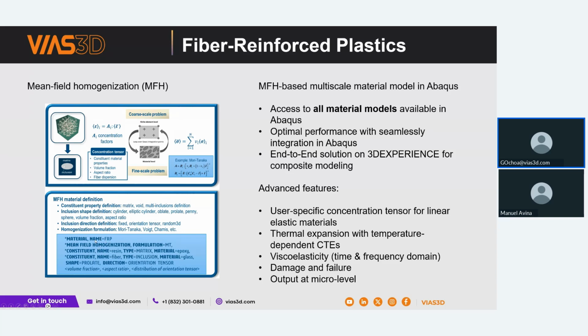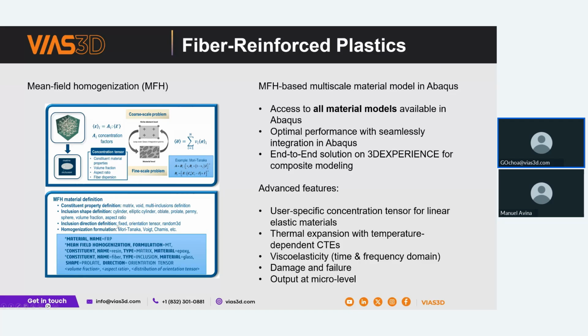So we define the material name as usual, and then we use the keywords to define the MFH formulation. There are formulations such as the one that is very popular, the Mori-Tanaka model. This is where the user defines the formulation to be used.